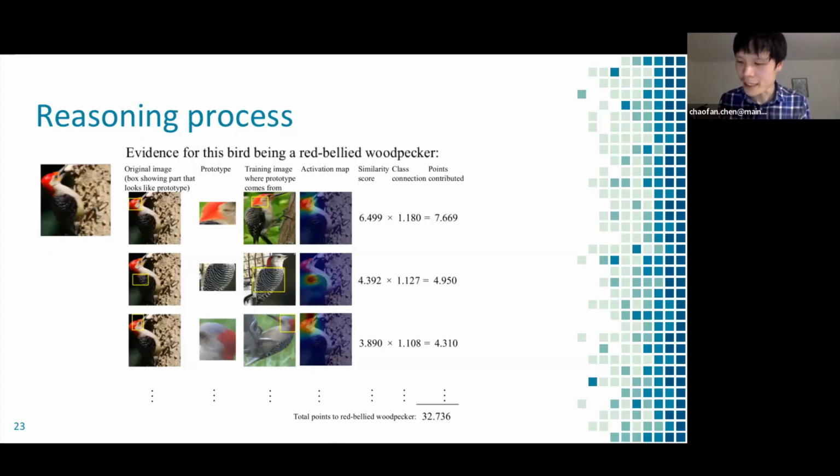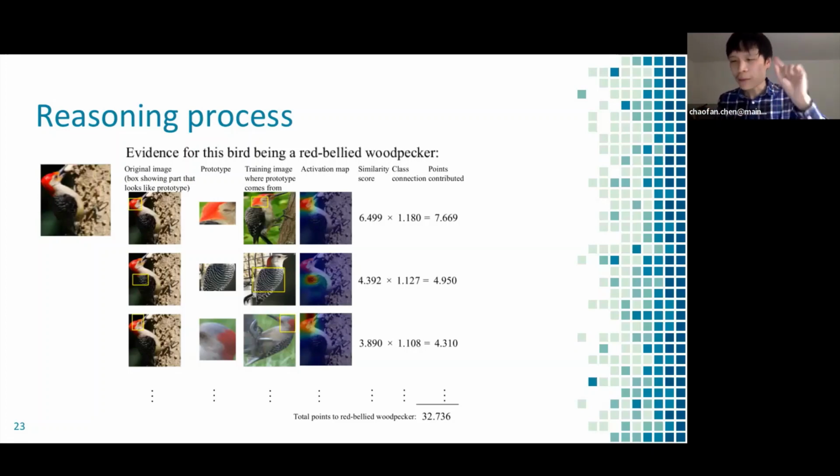For this particular slide, we have a test image on the left, and we try to compare this test image with every single prototype that's learned during the training process.